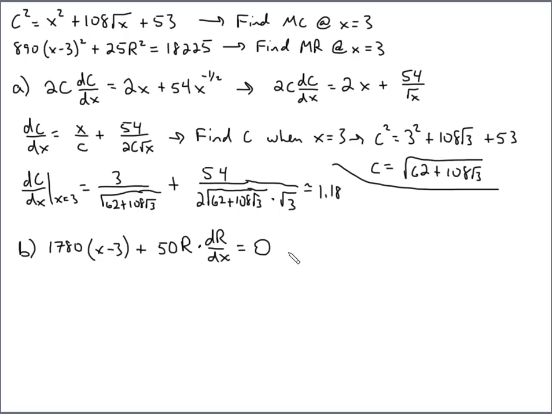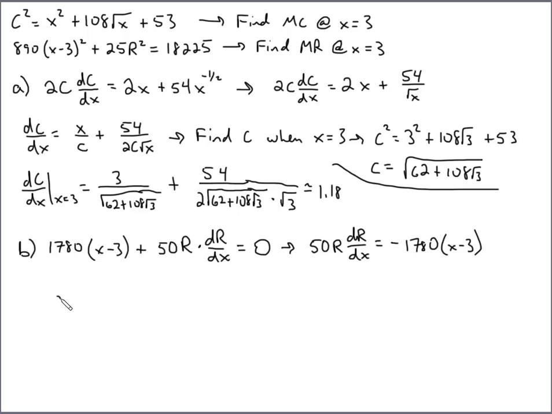Then we have to solve this thing for dr/dx, so let's leave the 50r dr/dx on the left side, move this other stuff to the right side. So it's going to be negative 1780 times x minus 3. And then we're going to divide all this by 50r.